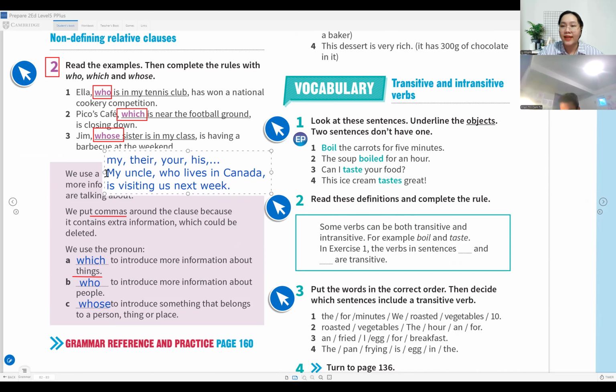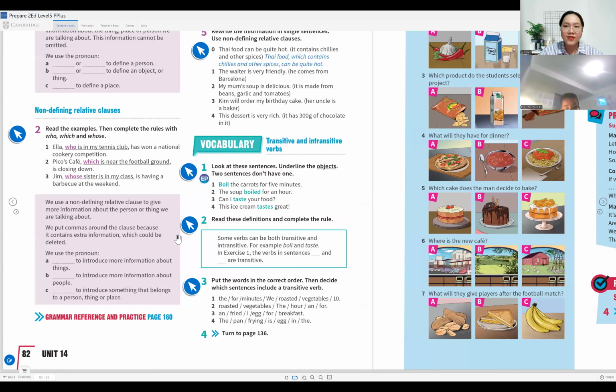This one, my. If I omit this clause, I can say my uncle is visiting us next week, but I want to add some more information which is not necessary. I can do that with a pair of commas. Right, we finish this one. And now let's move on to the next exercise.